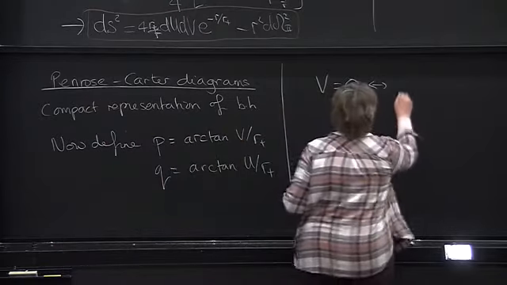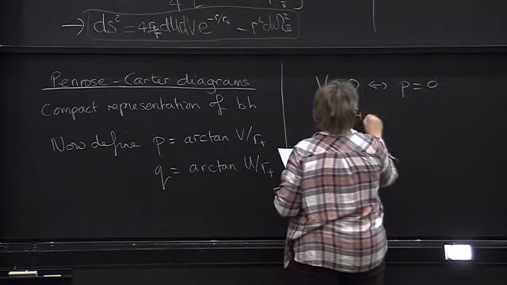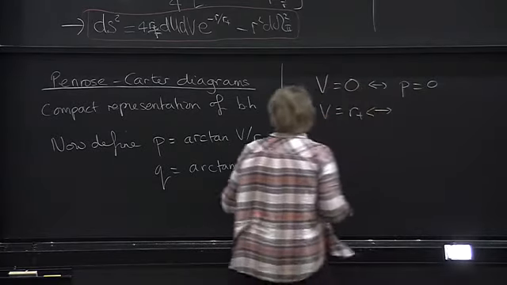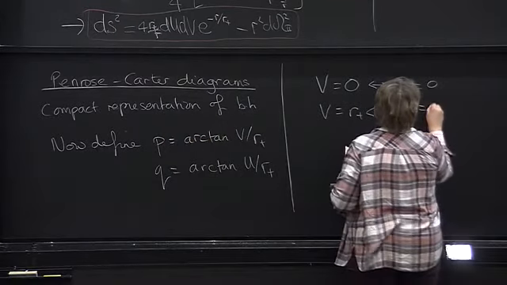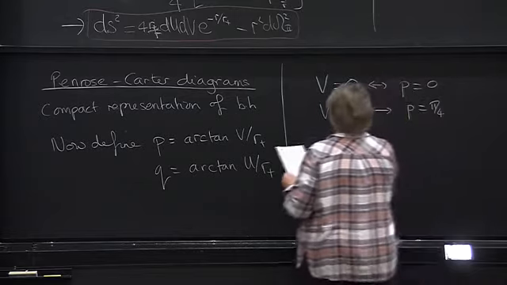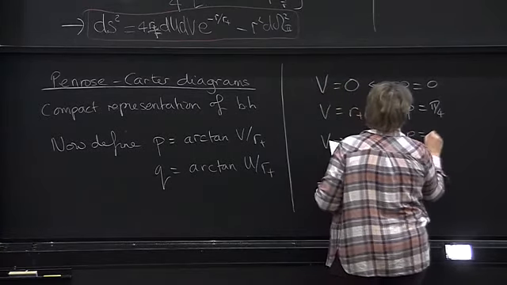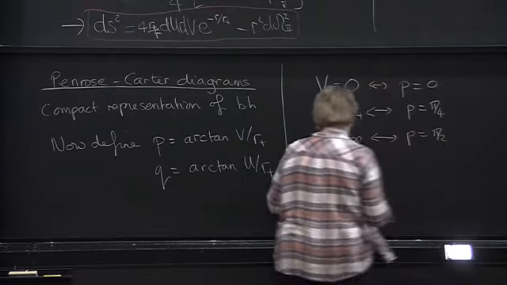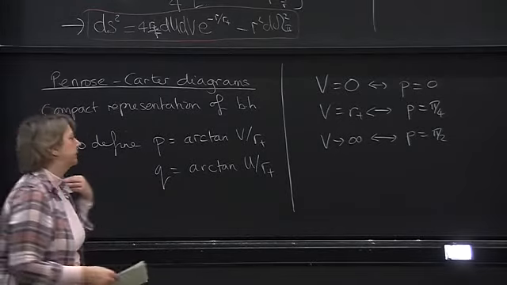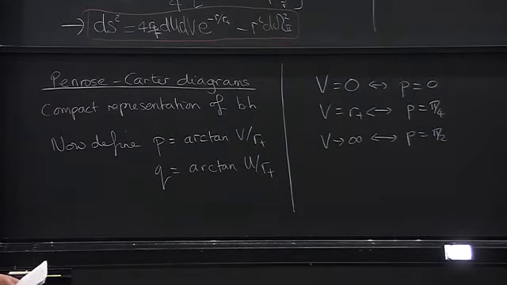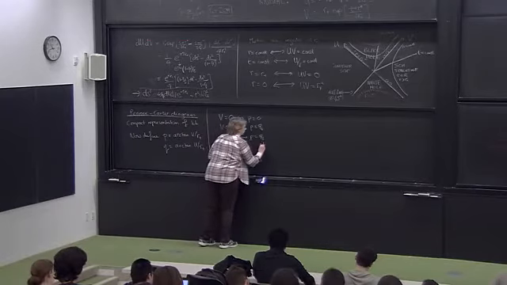So v is 0 corresponds to p is 0. v is r plus, so that's the arctan of 1, corresponds to p is pi on 4. And v goes to infinity corresponds to p is pi on 2. And similarly for u, and p goes to minus infinity is p goes to minus pi on 2. So, etc.